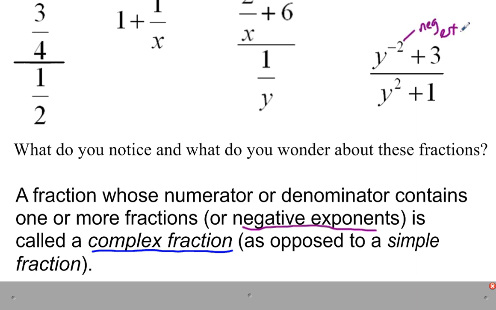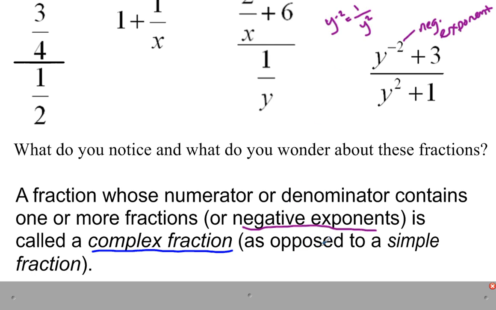All right, and a negative exponent we're going to learn can be rewritten as a little fraction. Okay, so just as a note, y to the negative second power is equal to 1 over y squared. So if I have a negative exponent, it's going to turn it into a fraction, with the exponent becoming positive in the denominator. Okay, so y to the negative second becomes 1 over y squared.